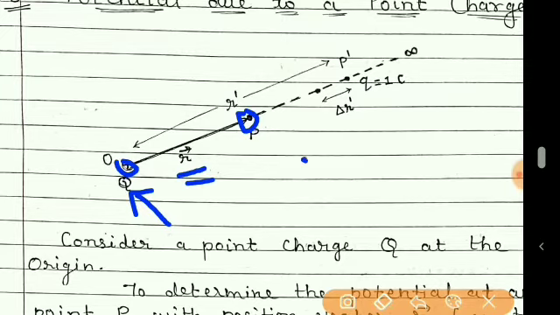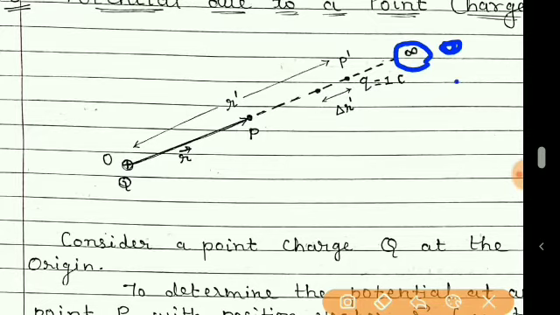We need to find the potential at this point due to this charge Q. So definitely we have to apply the process in which a unit charge is brought from infinity to a given point where the potential is to be obtained. So here also we will consider a unit charge small q whose value is 1 coulomb because it is a unit charge.